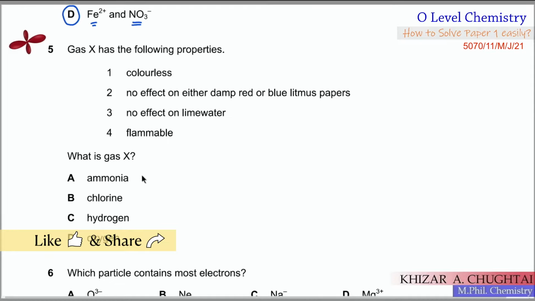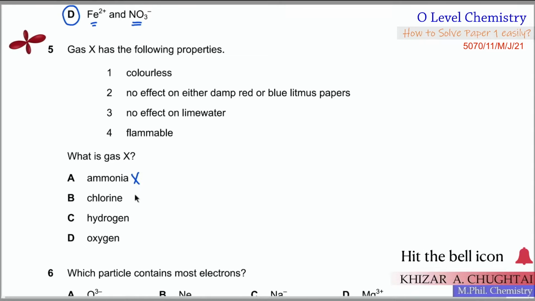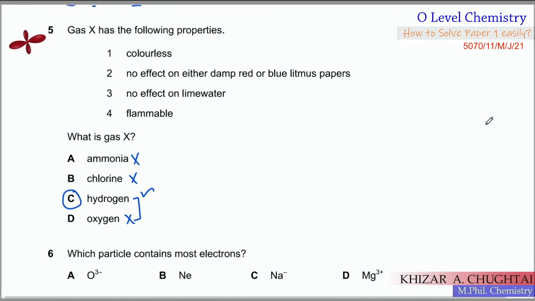Ammonia has an effect on damp red litmus paper, so this cannot be ammonia. Chlorine also has an effect on both damp red and damp blue litmus papers. And the next ones, these two are colorless gases. One is flammable, and oxygen is not flammable. Hydrogen is flammable. So C is the correct option.